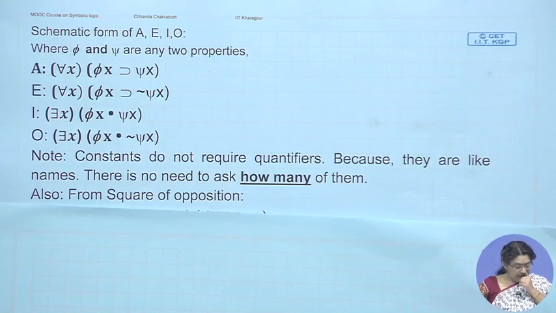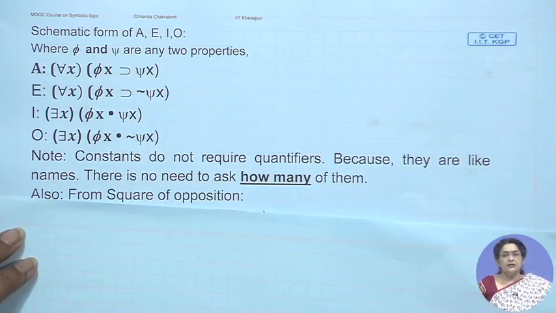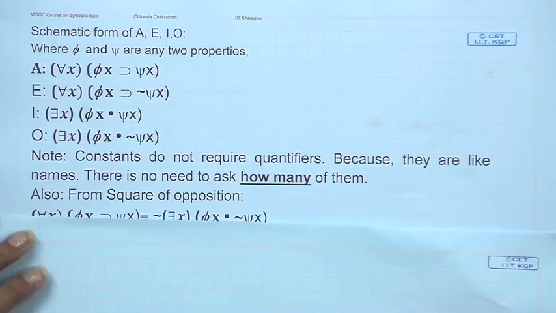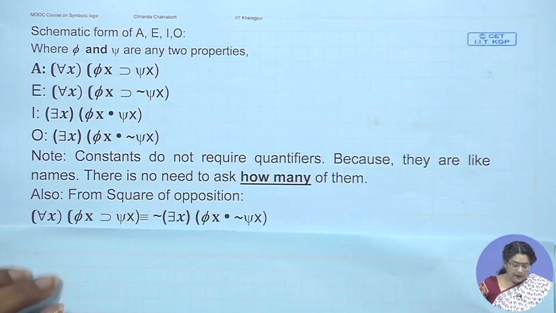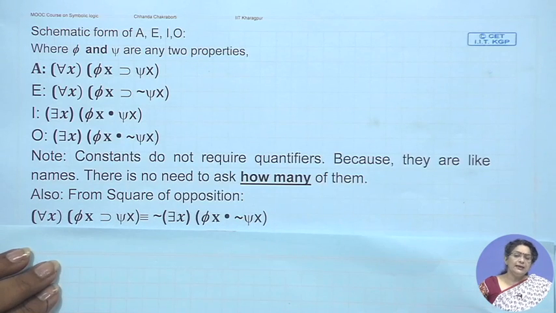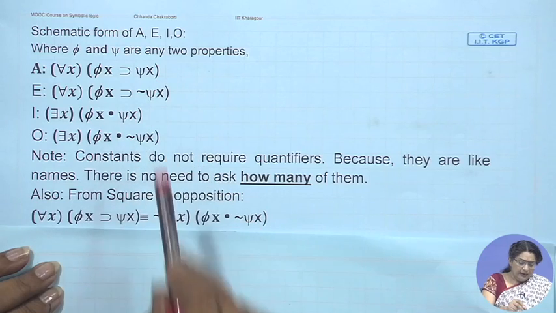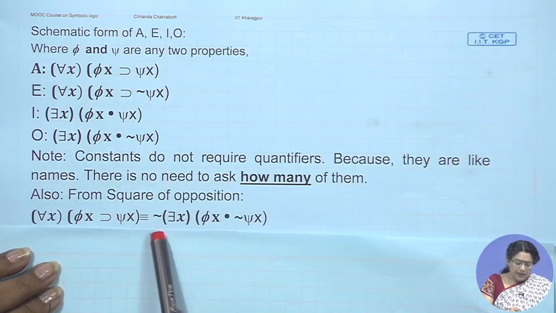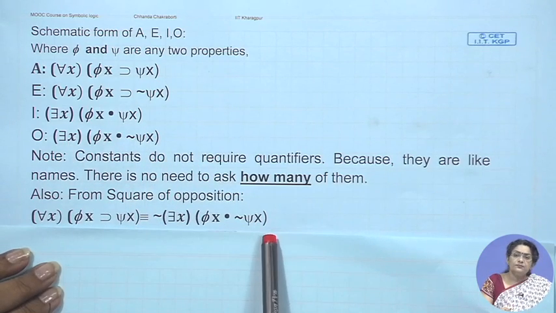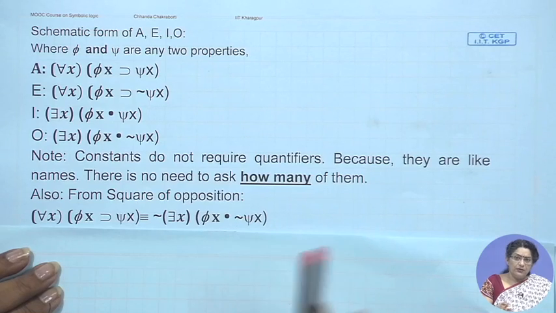Also, from the square of opposition, we are going to represent the contradiction in this way. Remember the A, O and E, I, they were contradictories. So, we can represent them like this now, that A is equivalent to negation of O. Is that correct or no? The contradiction holds.